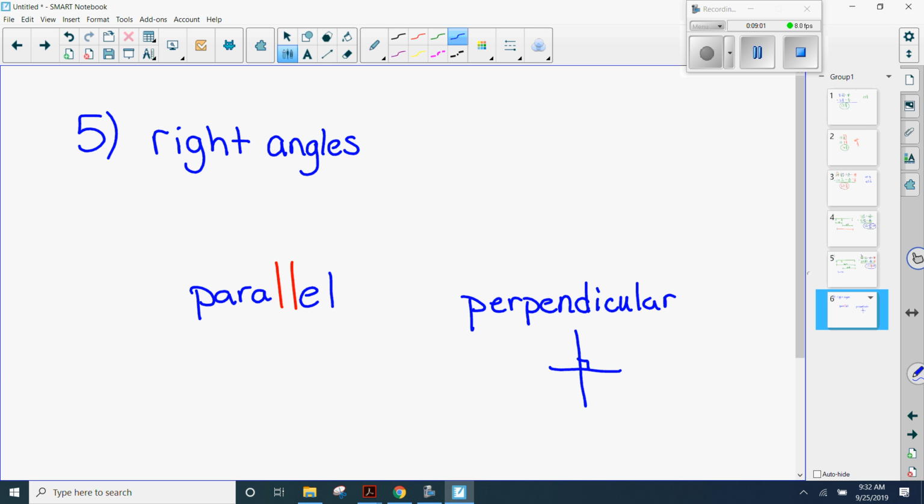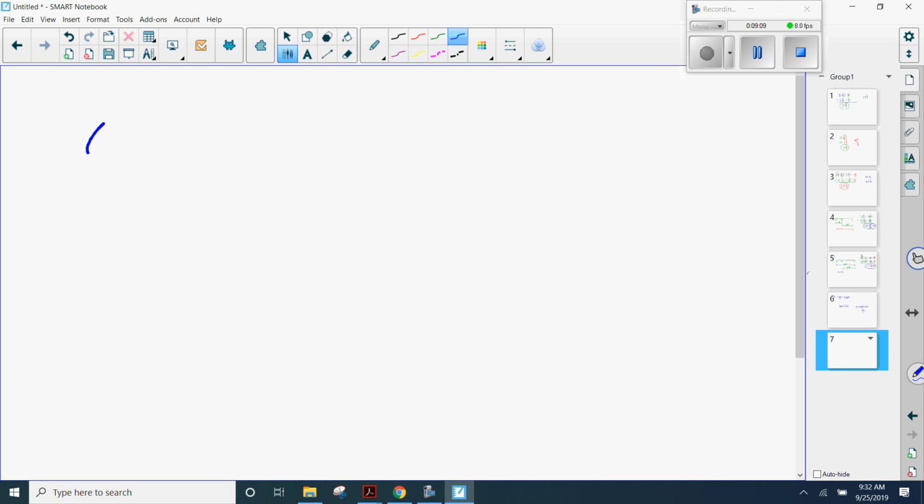Turn the page. What angles are formed by 2 right angles? So here's a right angle, and here's a right angle. When I put the 2 together, what type of an angle do I get? Straight angle.